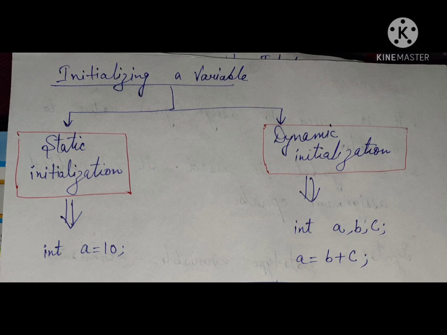When we assign a value to the variable at execution time, or during the execution of the program, it is called dynamic initialization. Under this situation, a variable is assigned the outcome of an arithmetical operation. It means the output of any operation is assigned to that variable. Here b + c, the addition of b and c, is assigned to variable a.